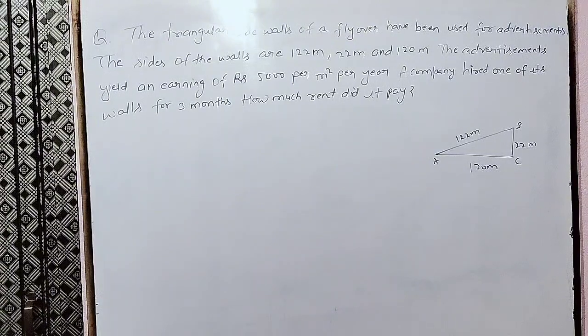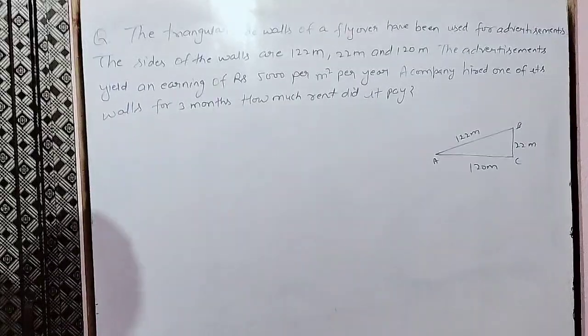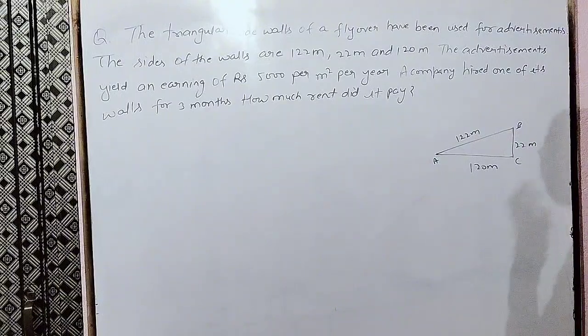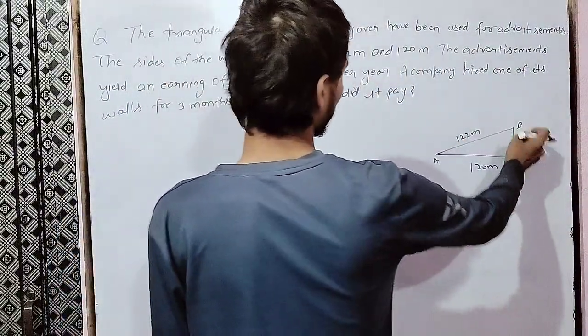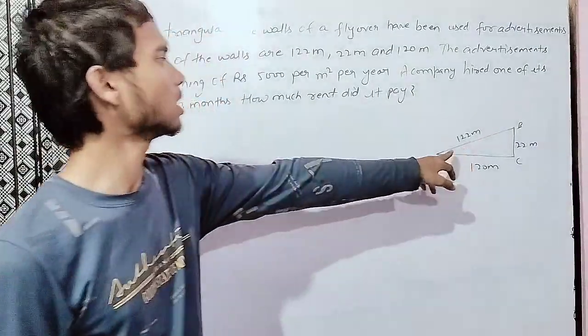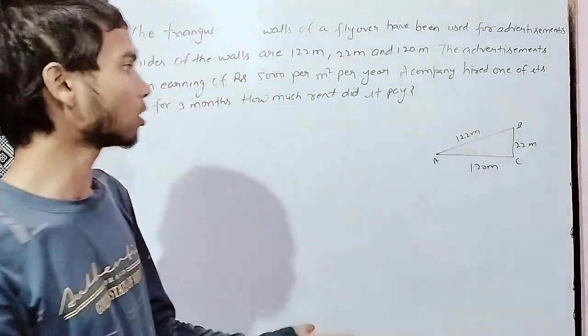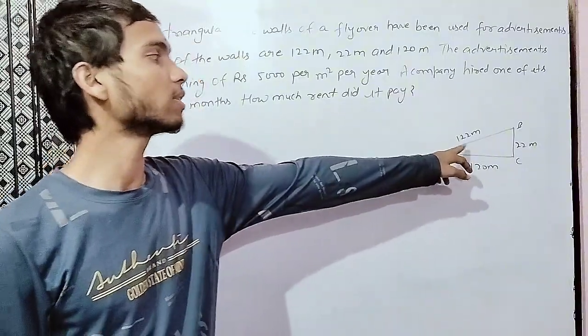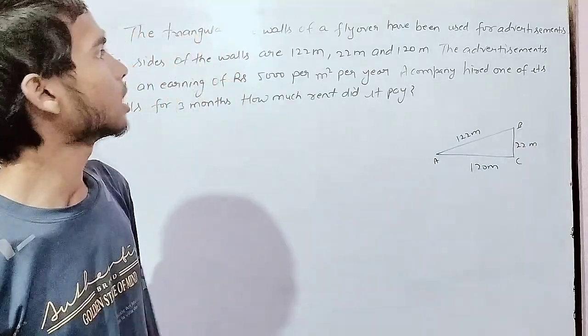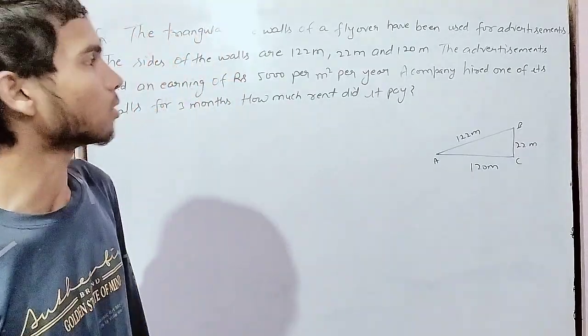But let's understand what it is saying. The triangular side walls of a flyover have been used for advertisements. The sides of the walls: this is a wall, this is a wall, this is a wall. There are three walls, and the measure of this side is 122 meter. The measure of this wall is 22 meter. The measure of this wall is 120 meter.